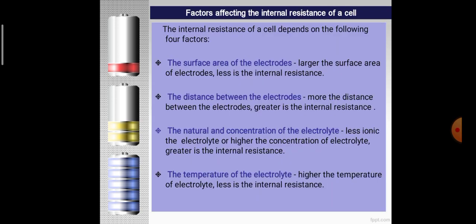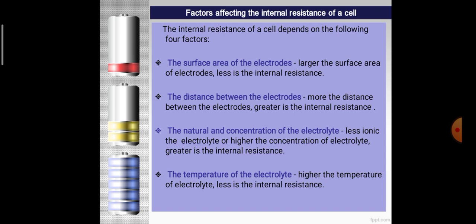Now, what are the factors that affect the internal resistance of the cell? 1. The surface area of the electrodes. Larger the surface area of electrodes, less is the internal resistance. 2. The distance between the electrodes. More the distance between the electrodes, greater is the internal resistance. 3.